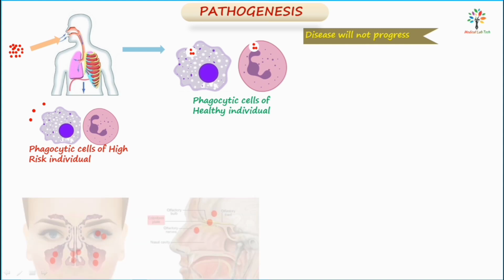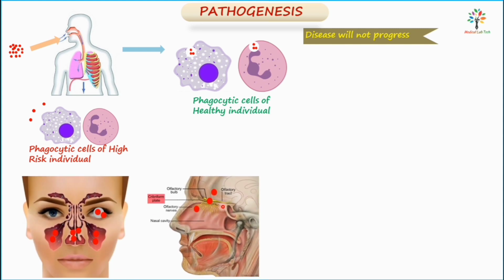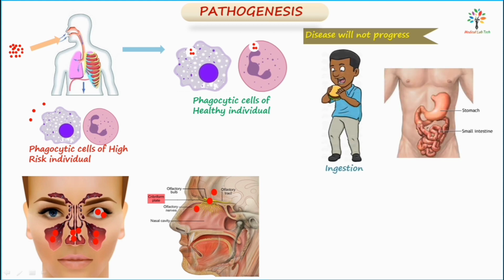First, the nose is affected. As it is a destructive fungus, it will destroy the cribriform plate and reach the brain. Via the nose, it can reach the orbit, meaning the eye, and the paranasal sinuses. Via the nose, it can destroy the palate and it can reach the lungs also. If the fungus gains entry by ingestion, then the stomach is involved and it reaches the intestine.